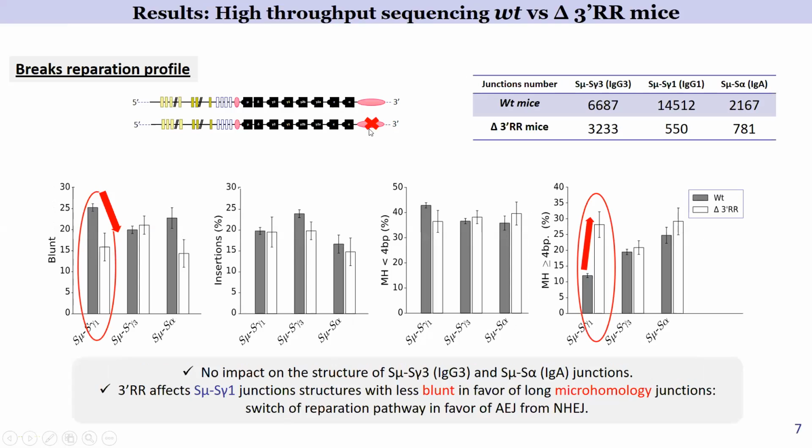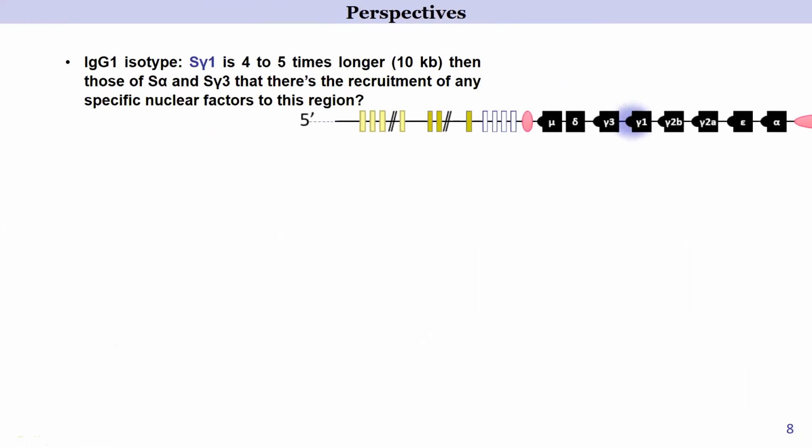While it's not the case in 3' RR deficient mice, where there's an impact on the IgG1 isotype with less blunt junctions in favor of large homology ones, meaning there's a switch of reparation pathway in favor of AEJ from NHEJ.